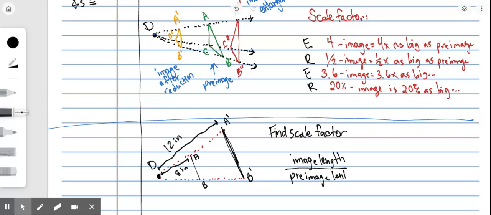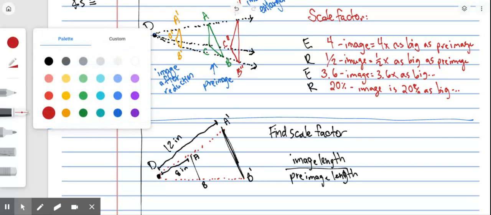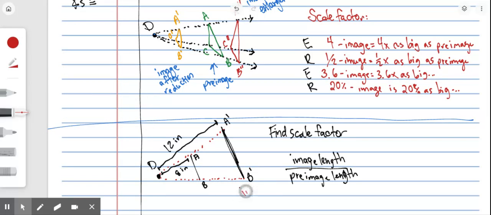Okay. So whenever you find scale factor, you start with the image length divided by the pre-image length. And I'm going to remind you that the image is the one that happens after the dilation, and the pre-image is what you start with. Okay. So then the image length from D to A prime is 12. And the pre-image length from D to A is 8.